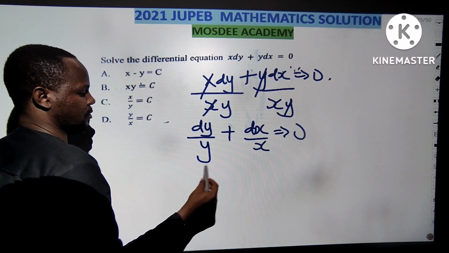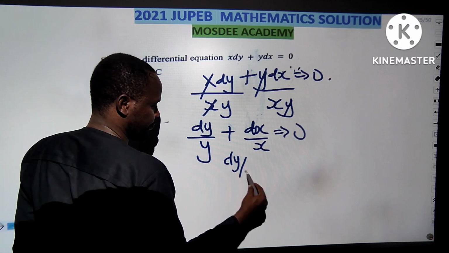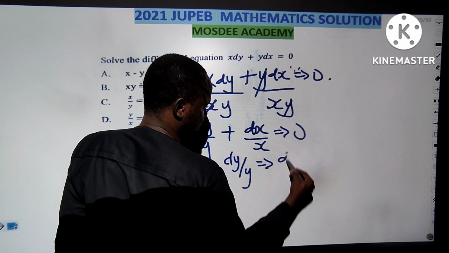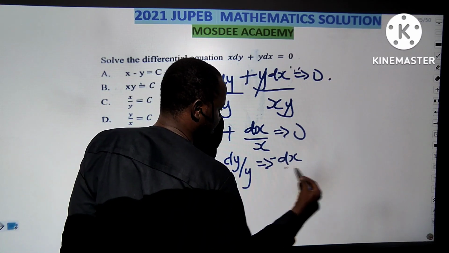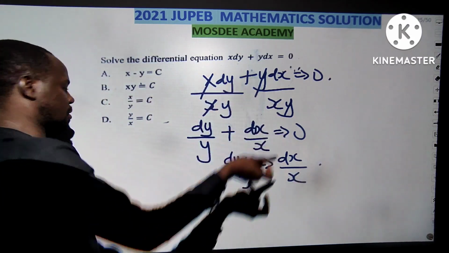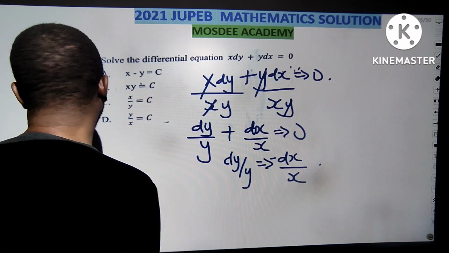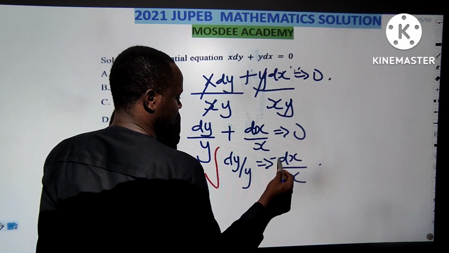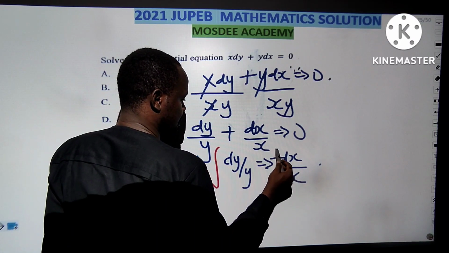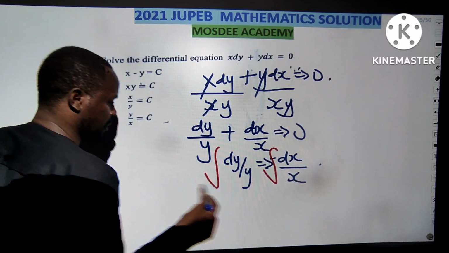You can collect like terms so that you have dy over y equals to negative dx over x. So directly I take integration of both sides. I know you guys know what I mean by integrating both sides.